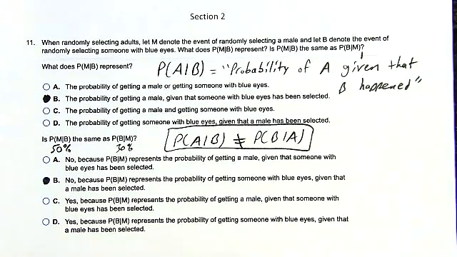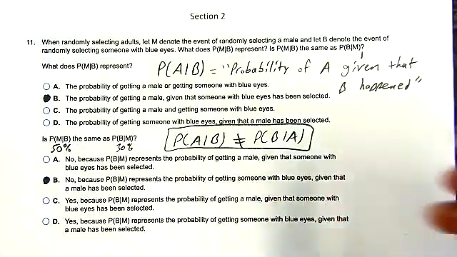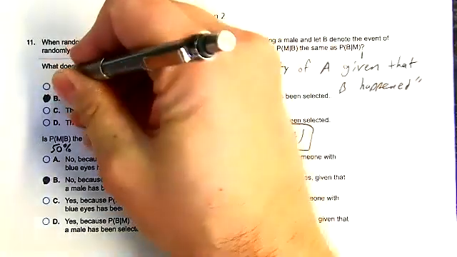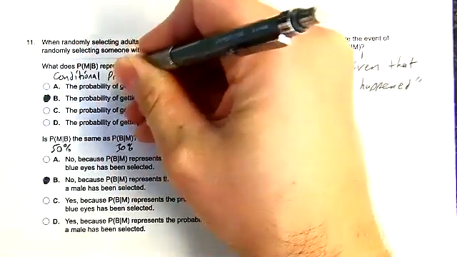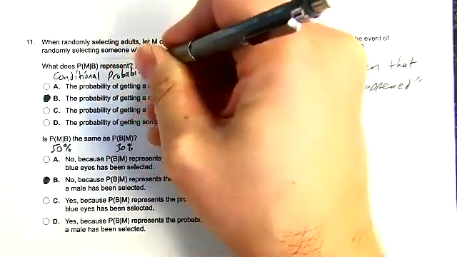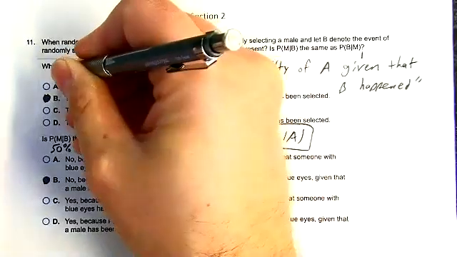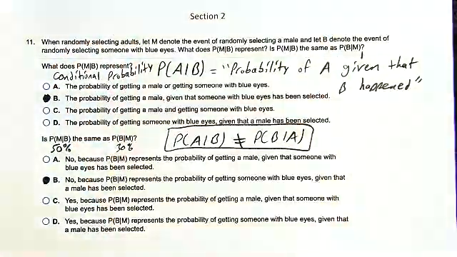Okay, I should also mention this is called a conditional probability. So some condition has already been met, and then we look at the probability of something else tied to that condition.